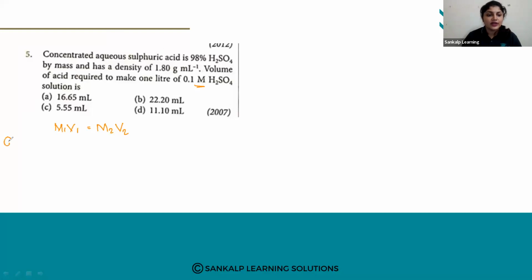Now, what are the given quantities? We have to write. M1 will be the given initial molarity. M2 will be the final, or required, molarity.